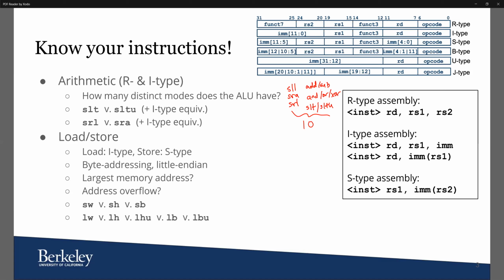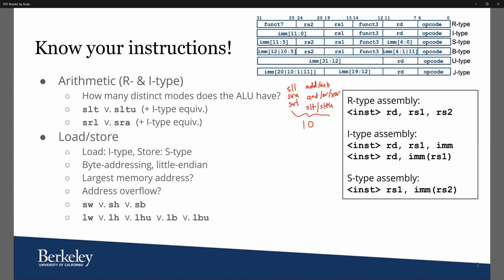Okay, so what's the difference between set less than and set less than unsigned? I have questions. Do we need to memorize those for the exam or not? No, really, this actually happens to be a homework problem. But when it comes to doing your projects, you're going to have to implement it, right? We don't have to memorize that for the exam, right?